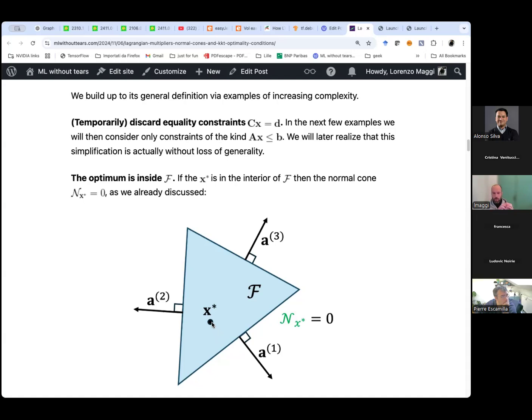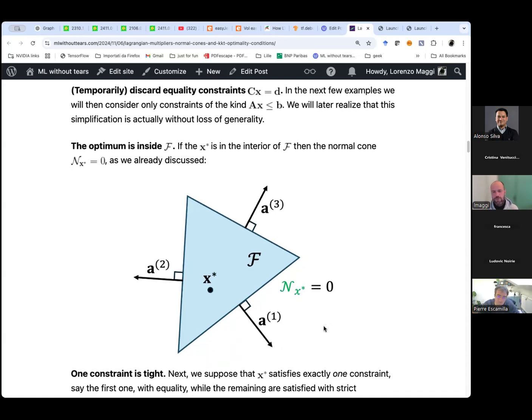So whenever you try to enlarge your normal cone in some direction, you cannot, because there's always something that is aligned with it. So normal cone is something such that all the feasible directions are anti-aligned with it. So it's not possible. Basically the normal cone is actually 0, so it complies with our initial definition.